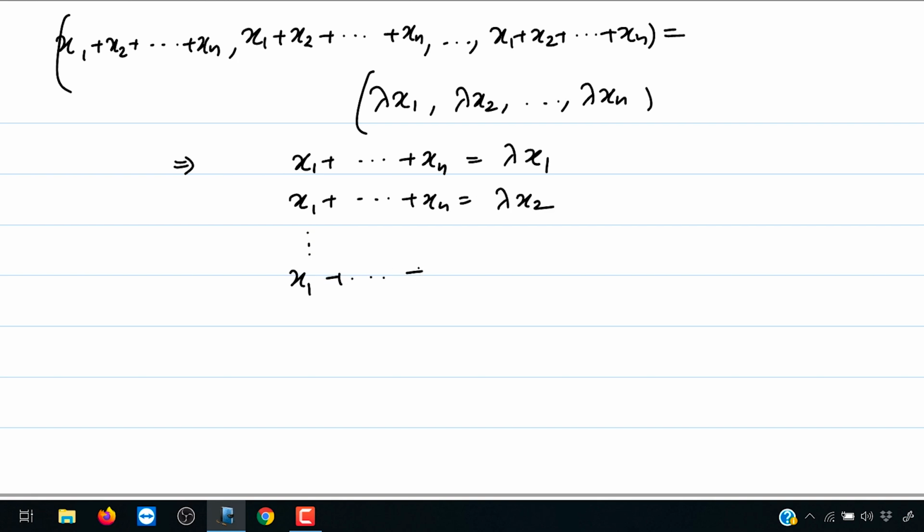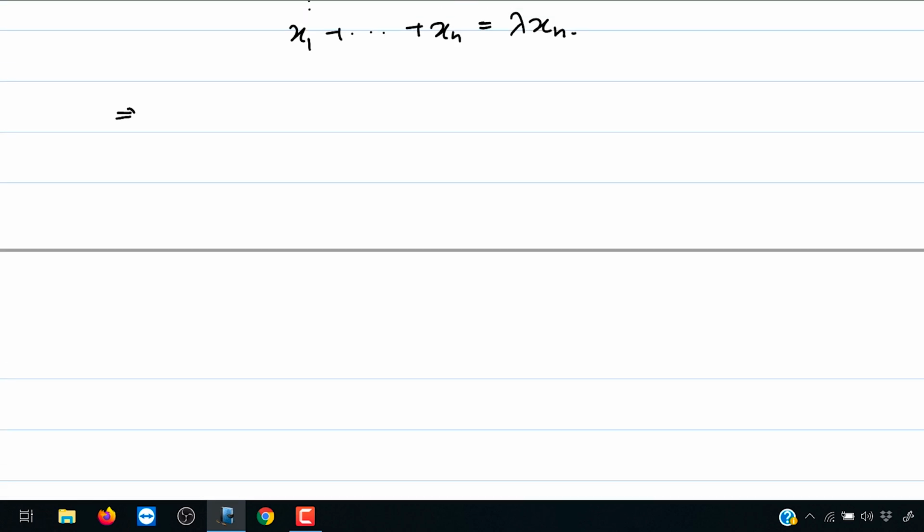x1, there will be n such equations, and this will be the impact. This implies that lambda times (xi minus xj) is equal to 0 for all i not equal to j. So there are two possibilities here.